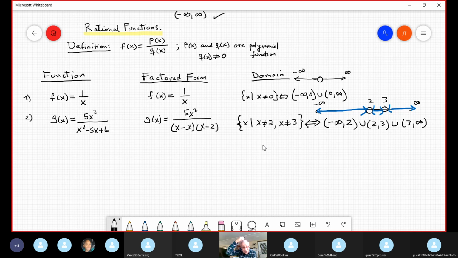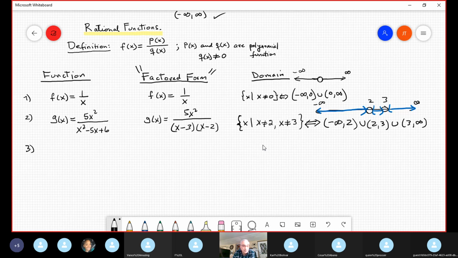And the most important step, step number 0 to start any problem in the analysis of a rational function, is to express it in factored form: the factorization of the polynomial on the top, and the factorization of the polynomial on the bottom. This is the first step to analyze a rational function.